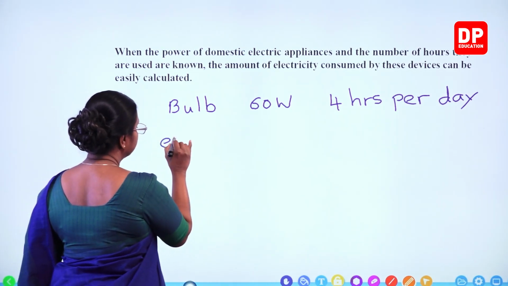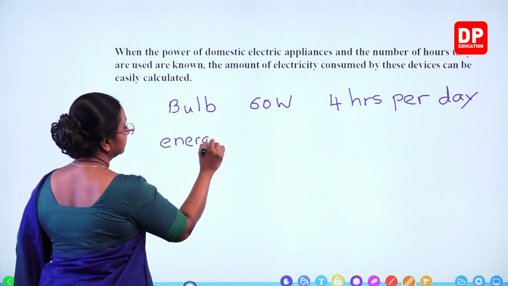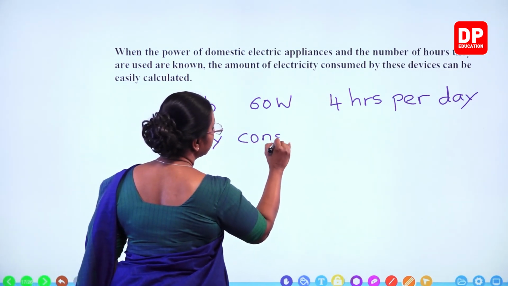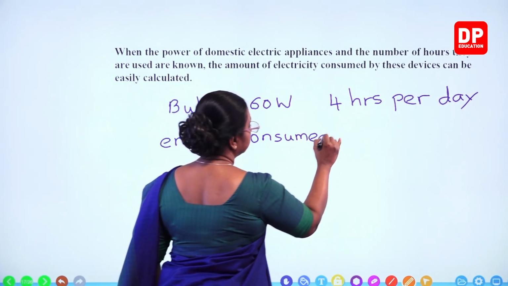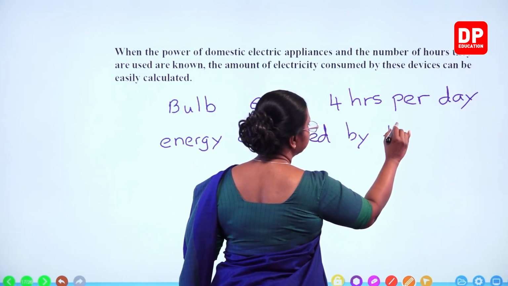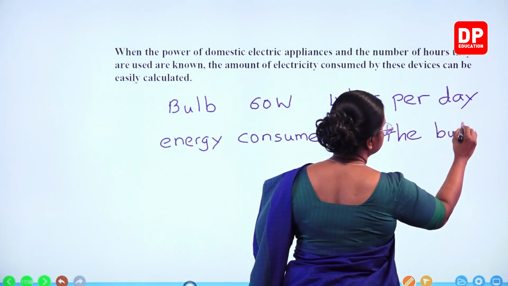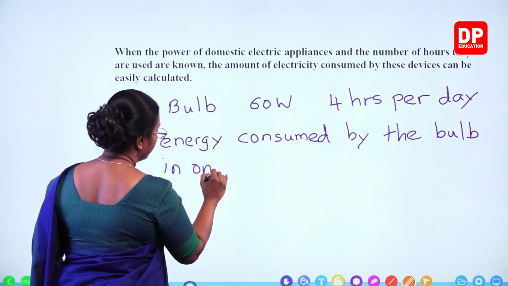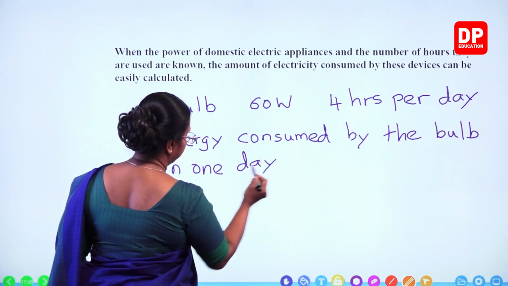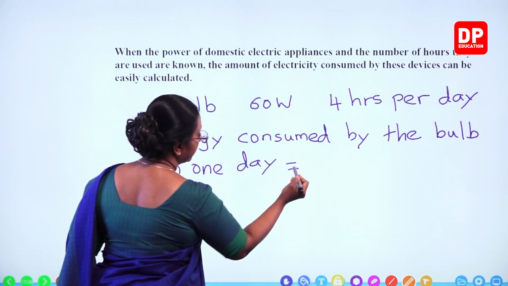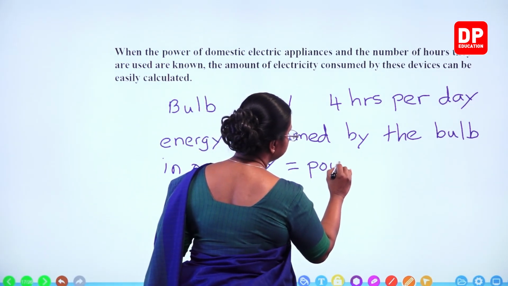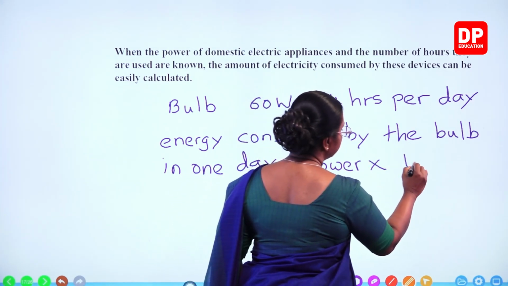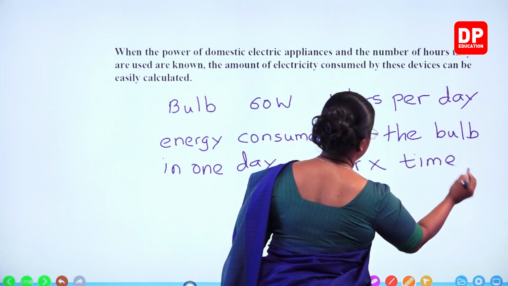So, energy consumed by the bulb in 1 day is equal to power into time.